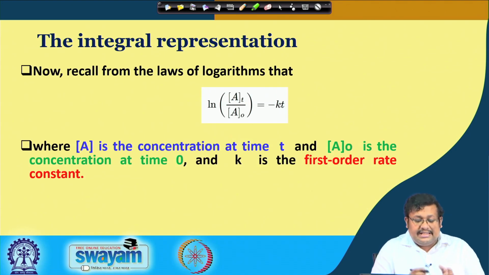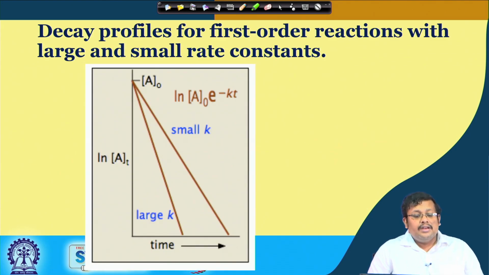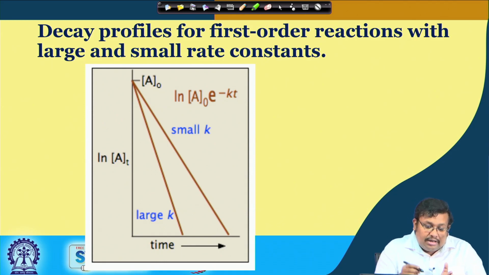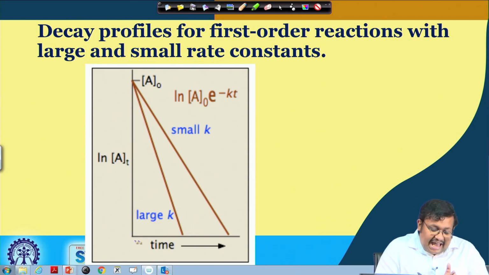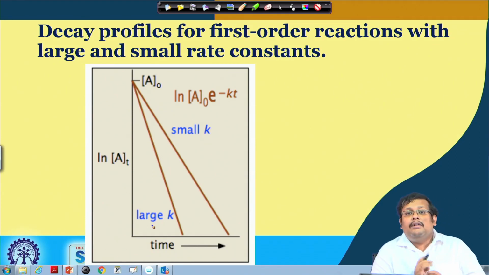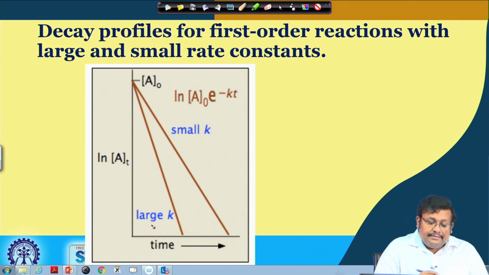Once you get this logarithmic form, if you plot the time versus logarithm of At, then the intercept will be A0, and you will get this straight decay line. These are called decay profiles for first order reactions.